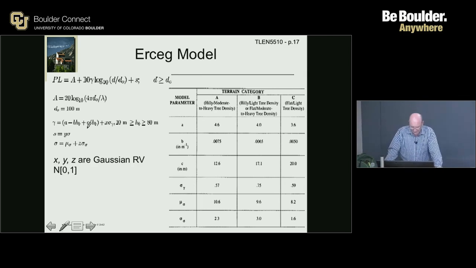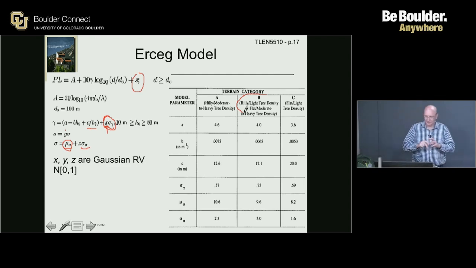So with all that, they started with 4 models, and then they figured that really the 2 middle ones could be combined into one, so it was combined, and the models were whether it was hilly or flat, and the tree density, light or heavy or moderate.